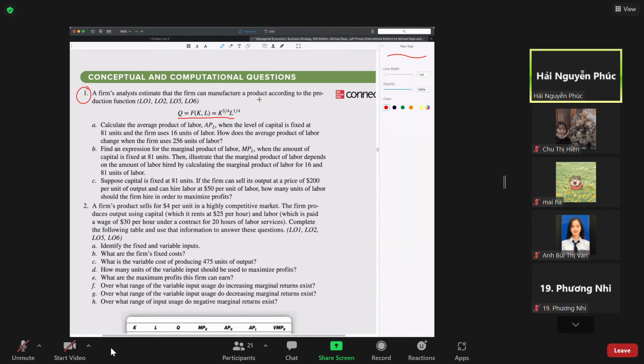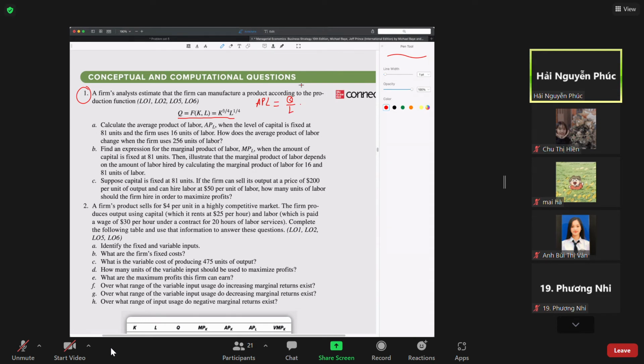APL is the average product of labor, and we compute it by taking the output divided by the labor input. All right.